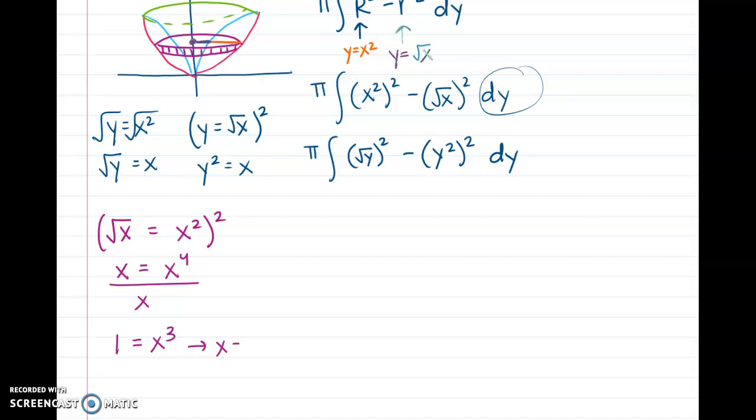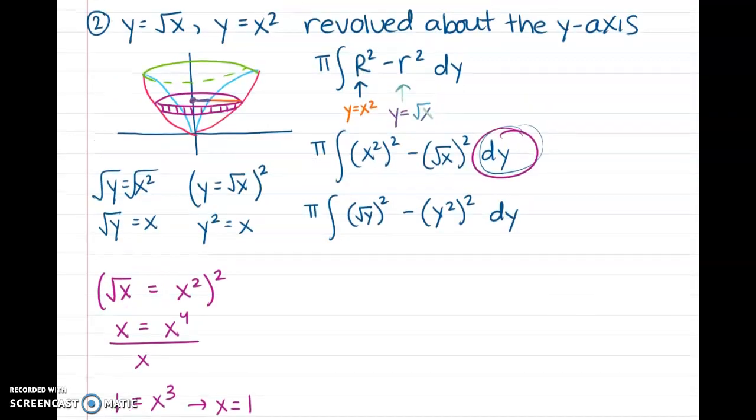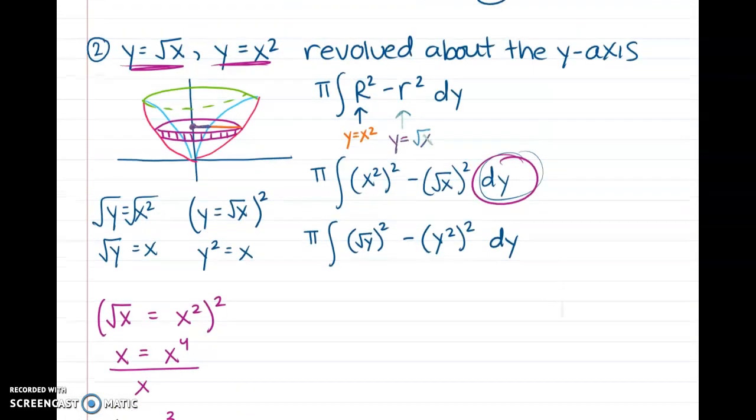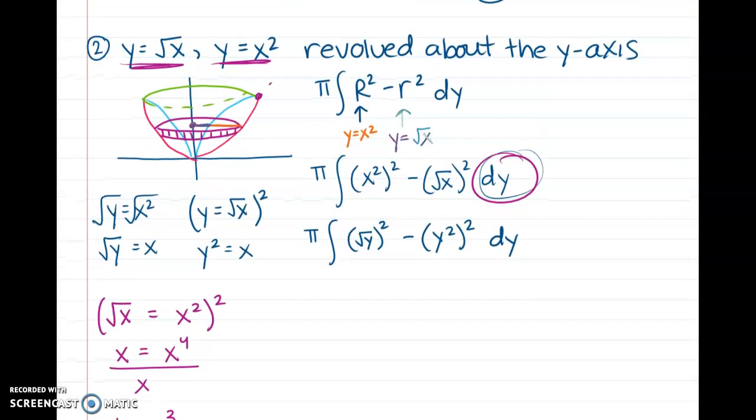So then x has got to be 1. Still not entirely useful because we have a dy. But when x is 1, if you plug 1 into either function, square root of x or x squared, you will get 1. So 1, 1 is our point right there. Meaning, when we integrate in terms of y, we're going from 0 to 1.